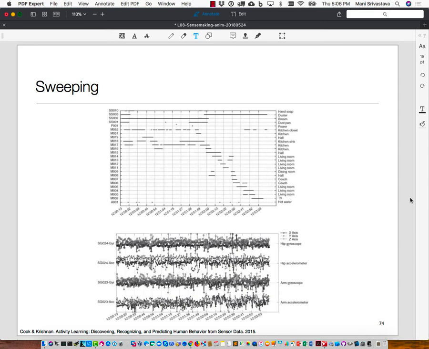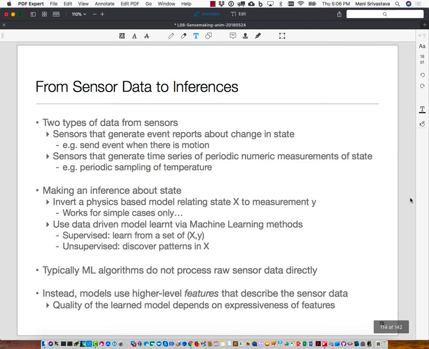And with this, we now want to make an inference about what activity was being undertaken, in this case, sweeping. So in going from data to inferences, as we saw earlier, we went through that intermediate phase of features, so we want to dive into that a little bit, but let's do a 5-minute break before we continue. Yeah, 5 minutes and let's start.